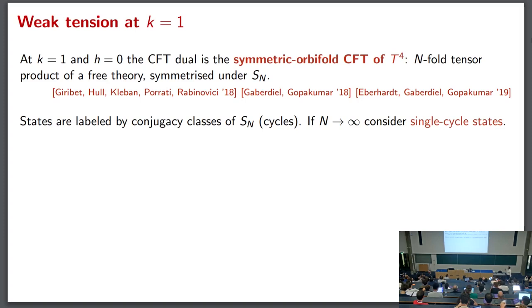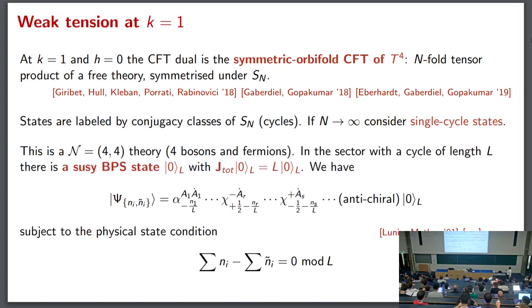What is more, if you have a supersymmetric theory, and this one is supersymmetric, there is a standard way to look at a state with a single cycle of size, let's say, L. In this cycle, we have to put some twist field that gives you the twisted boundary condition that makes your fields cyclic. But we can dress it in such a way to get essentially a distinguished ground state which is supersymmetric.